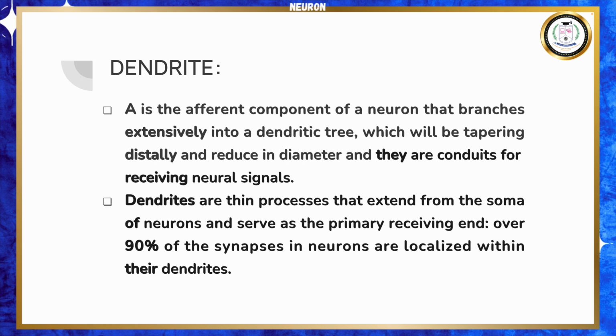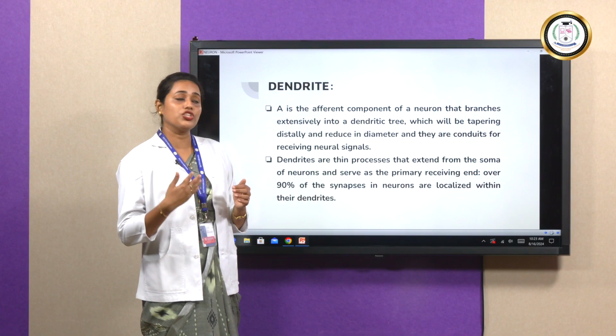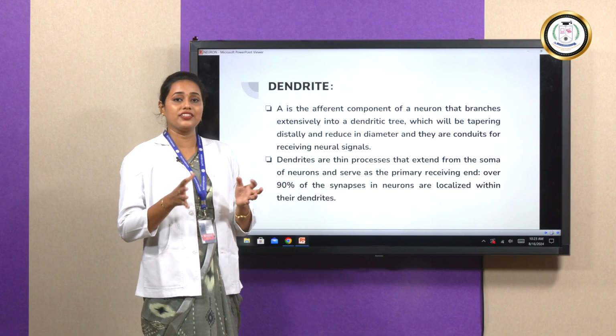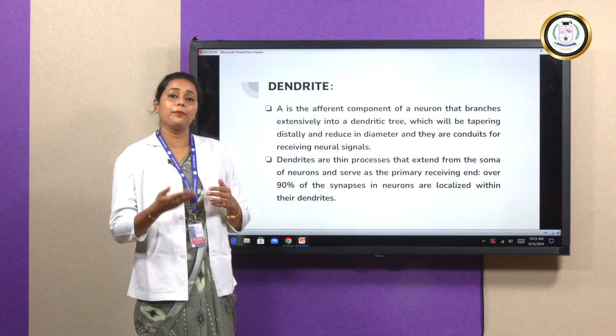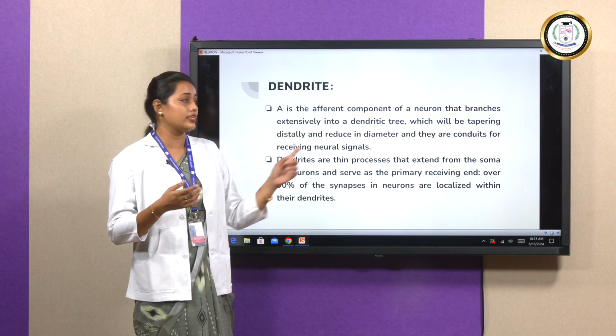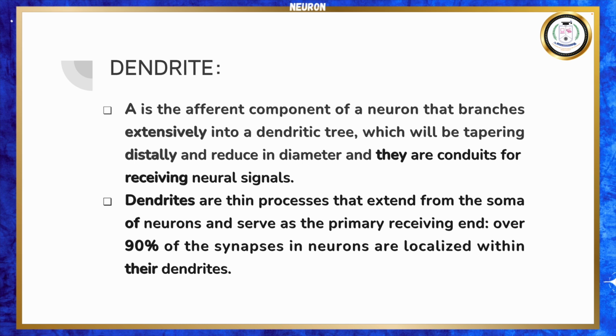The dendrite is the afferent component, that is the sensory component of the neuron. They branch extensively into a dendritic tree and taper distally. As they taper distally, they reduce in diameter, and they are the conduits for receiving neural signals.